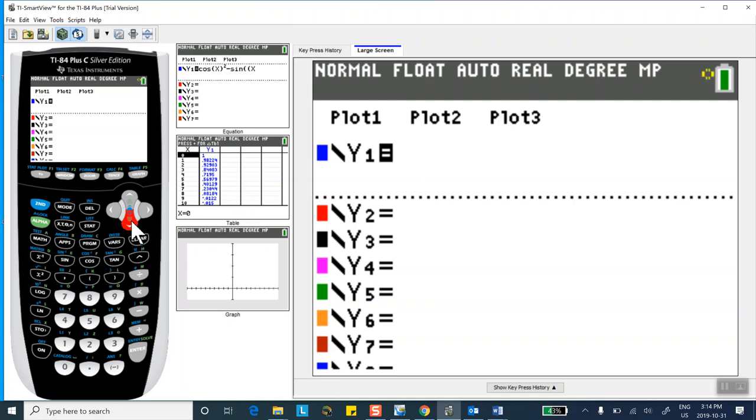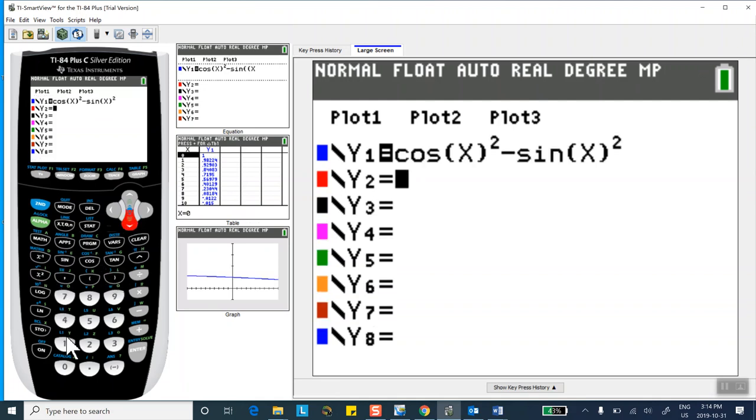Then my second function, your g now, is 1 minus 2 times sine of x, close the parentheses, squared.